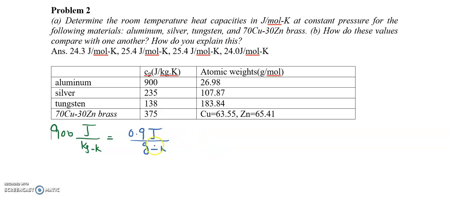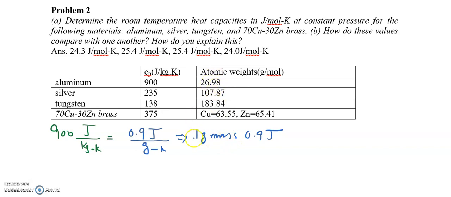That means for 1 gram mass, the specific heat is 0.9 joule.